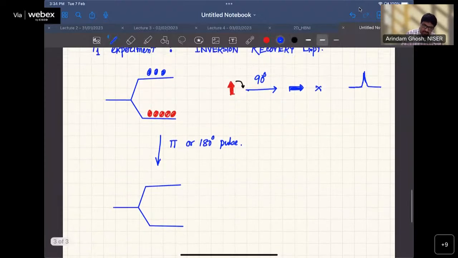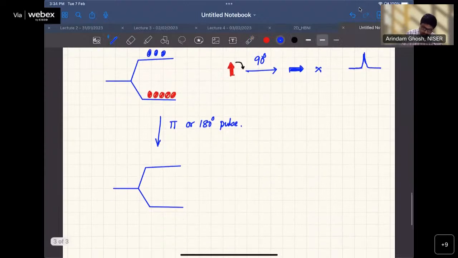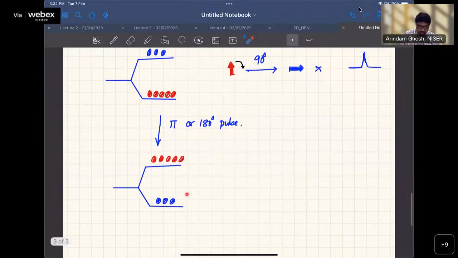It is not exactly true that these 3 will come down and this 5 will go up, but the numbers will be like this. This color coding actually gives the wrong idea, as if these five molecules have gone up.